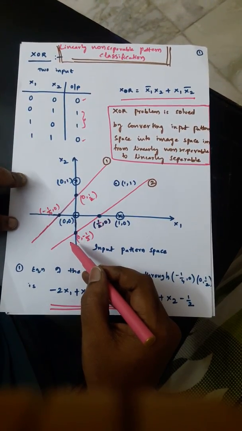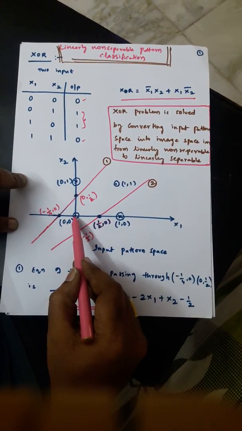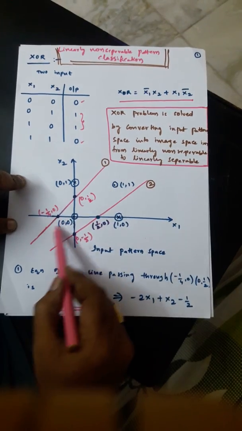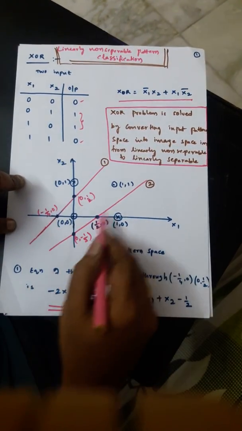Right, if you see this, as I already told you, 0 0 and 1 1 belong to one class. I have to separate these two pattern spaces using two lines.